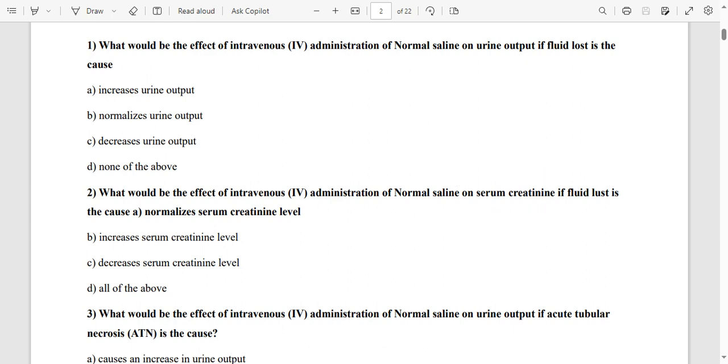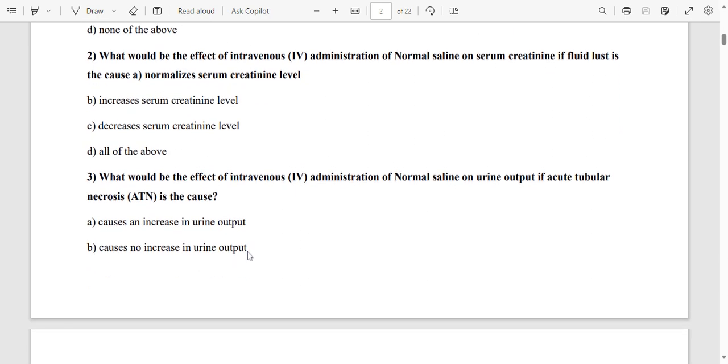When you administer normal saline, you are going to normalize serum creatine if you had lost fluid. You want to see the effect on serum creatine. It's going to normalize it. It doesn't increase it, doesn't reduce it, just normalizes it.